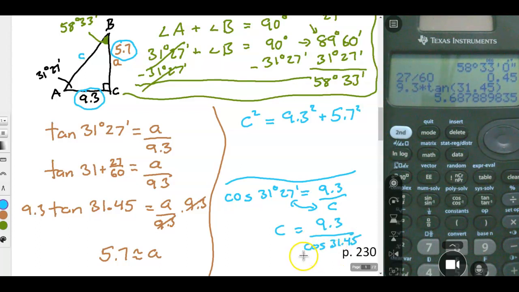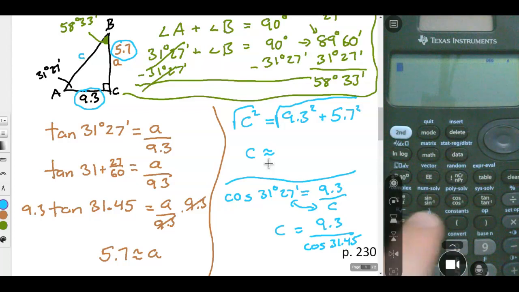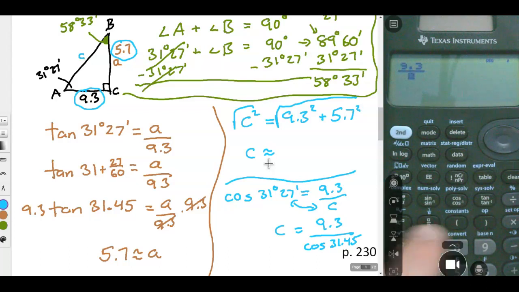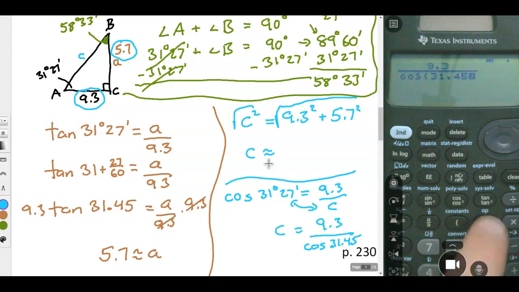Put that in the calculator. Over here, I really just need to take the square root, right? And C will be approximately that. So I can do both of those right here and say we got 9.3 all over cosine of 31.45, and I get about 10.9 approximately.